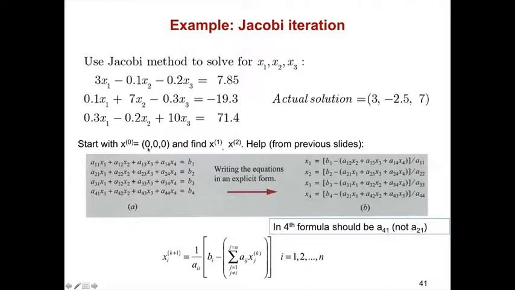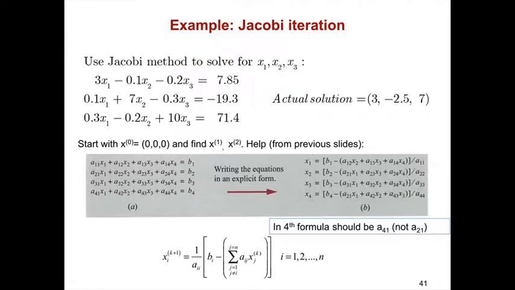So this is x1, 0, x2, 0, x3, 0. By plugging those numbers in, what are you obtaining? You're going to get x1, x2, x3, 1 on the left-hand side as a next iteration. So when I plug in, I'm going to have essentially 7.85, these are all zeros, divided by 3 is my x1, 1.